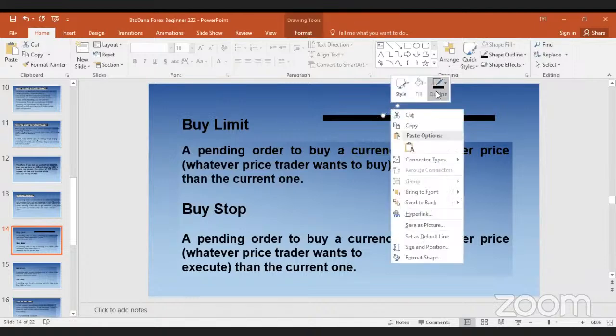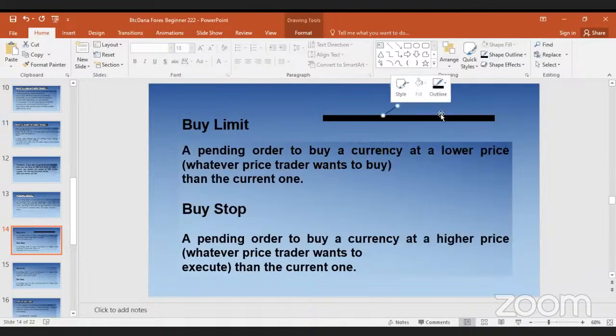Maybe your market broke out. So your market is around here, and then you want it to go back into this zone and then go higher up. Now what we are going to set here is a buy limit, that when this market that is going this way comes back to this price, we want to place a buy order. I hope you are getting my point, and you can see this example.